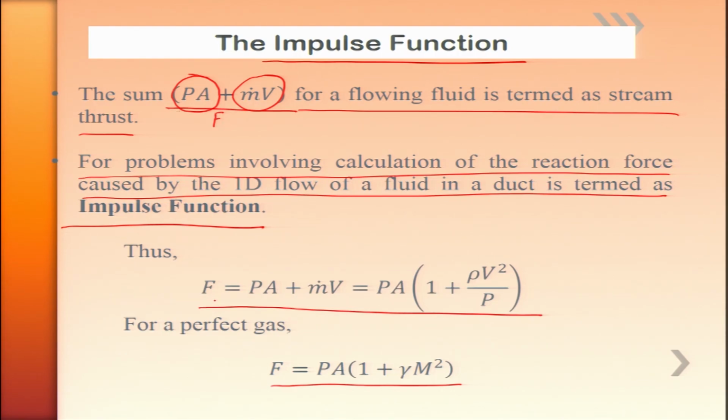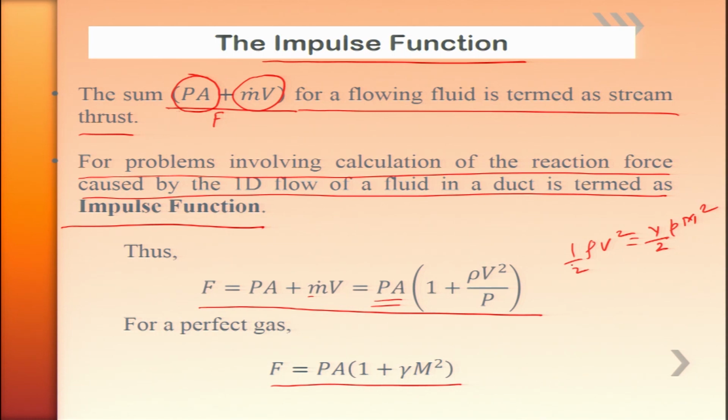That means F is equal to PA plus m dot V. Taking P as common and replacing m dot as rho A V, we can write immediately 1 plus rho V square upon P. And again, rho V square can be replaced, for a compressible flow situation, by gamma P M square, which we have already seen.